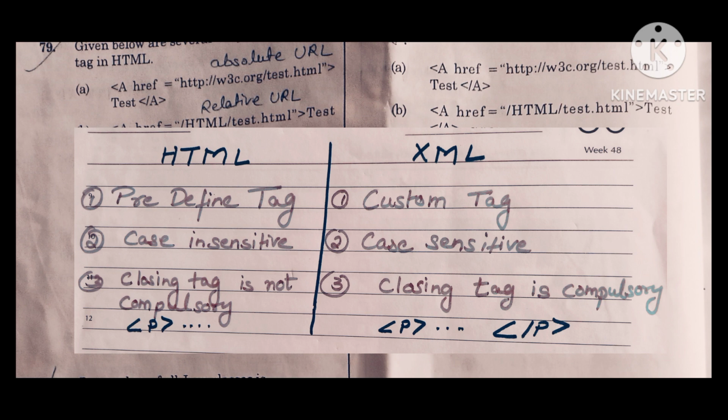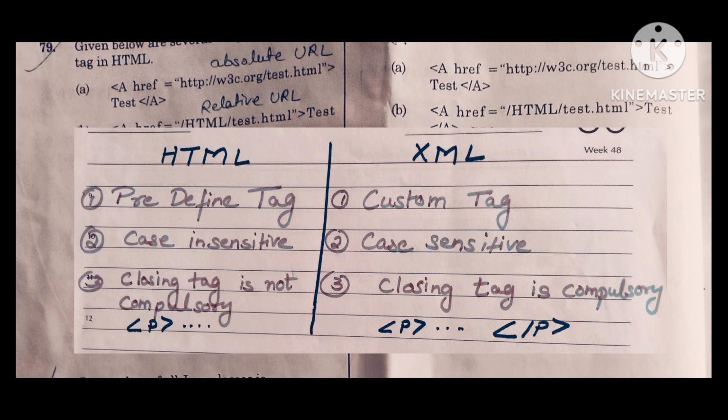So the very first difference is that HTML stands for hypertext markup language and XML stands for extensible markup language. Another difference is that HTML has predefined tags, whereas XML has custom tags. And the second difference is that XML is case sensitive, whereas HTML is case insensitive.